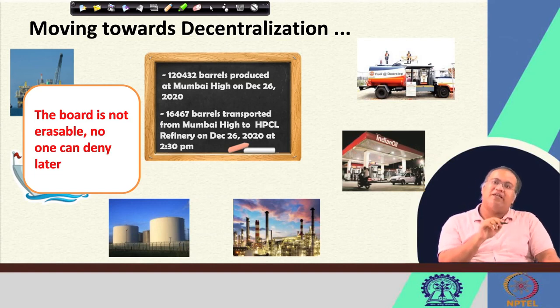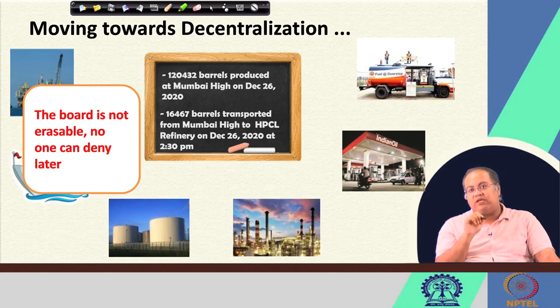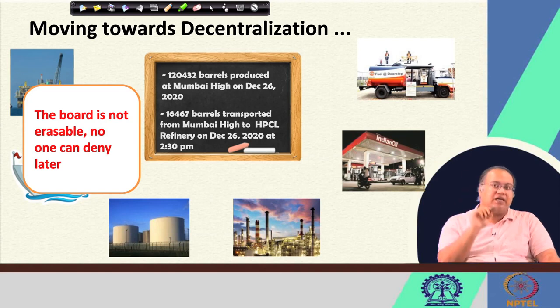But when every organization submits their information to that web portal, it might happen that later on one organization may claim that, hey, I have not submitted that information, someone has impersonated me and they have submitted that information to this portal. Or this portal is in the hands of a certain centralized person, so those persons have made some fraudulent activities and they have changed my information. Well, those kinds of things are not possible with this board.